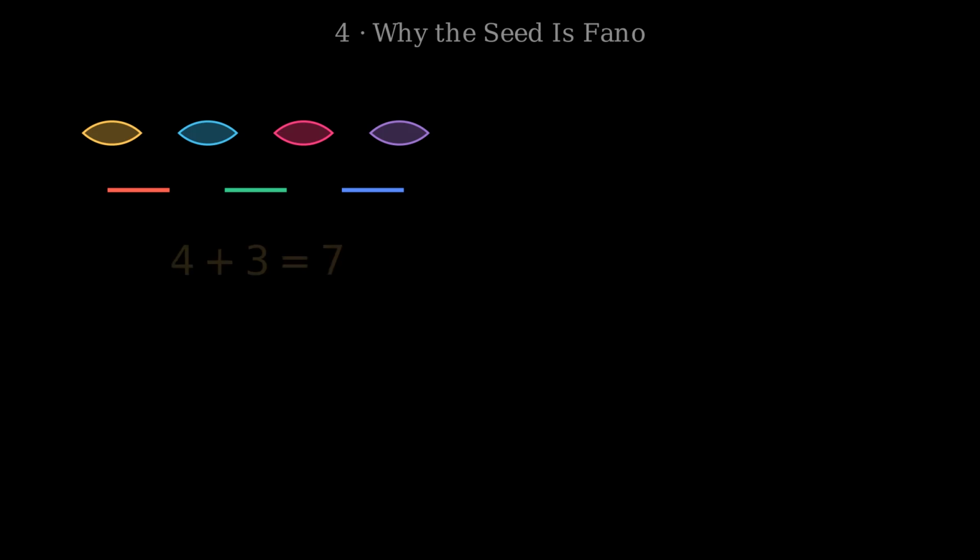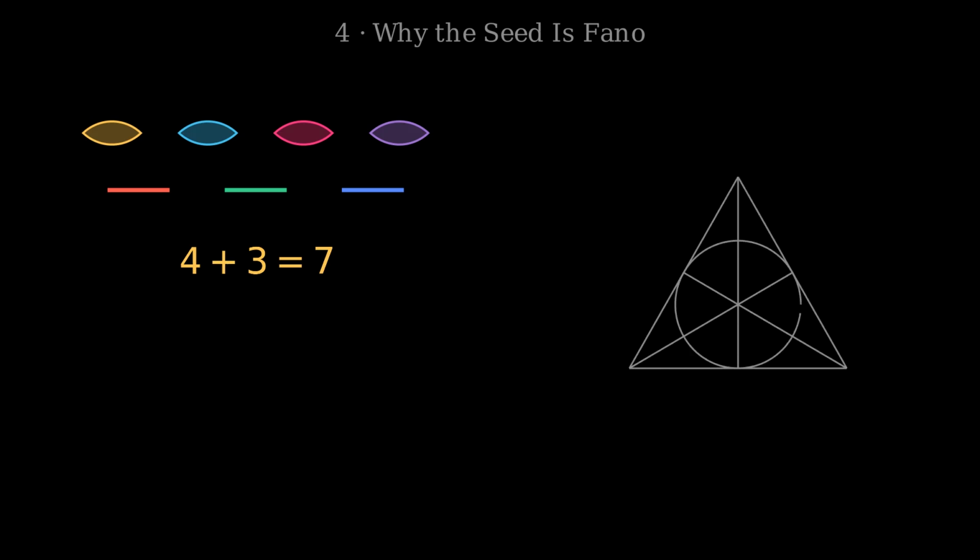Now we reach the reason for the name Fano Seed. The geometry naturally contains 7 basic types of data. There are 4 sheet colors: sigma 1, sigma 2, sigma 3, and sigma 4. There are also 3 seam colors: gamma red, gamma green, and gamma blue. So the seed carries a decomposition 4 plus 3 equals 7. 7-element incidence structures immediately suggest the Fano plane, the smallest finite projective plane.